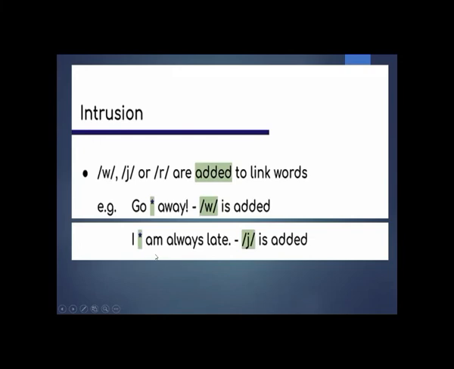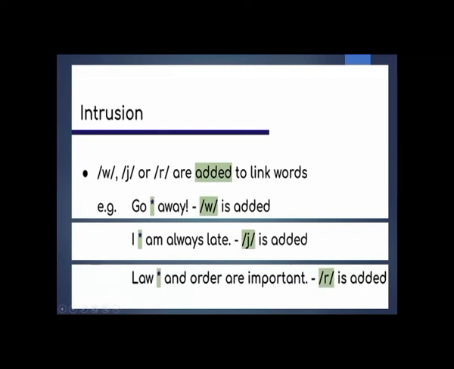So if I want to pronounce it, we will say I-y-am. I-y-am. We add a sound here, this is the yah sound. So I am always late. So yah is added.